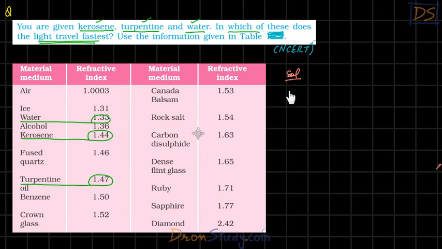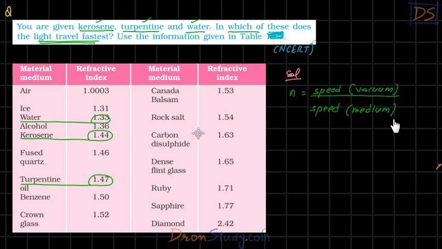So students, refractive index is defined as speed of light in vacuum. When you write an exam, you have to write fully speed of light in vacuum, not in short. If you write in short, your teacher can cut your marks. I am writing in short just to save time. So refractive index of a substance is speed of light in vacuum divided by speed of light in that medium, isn't it?